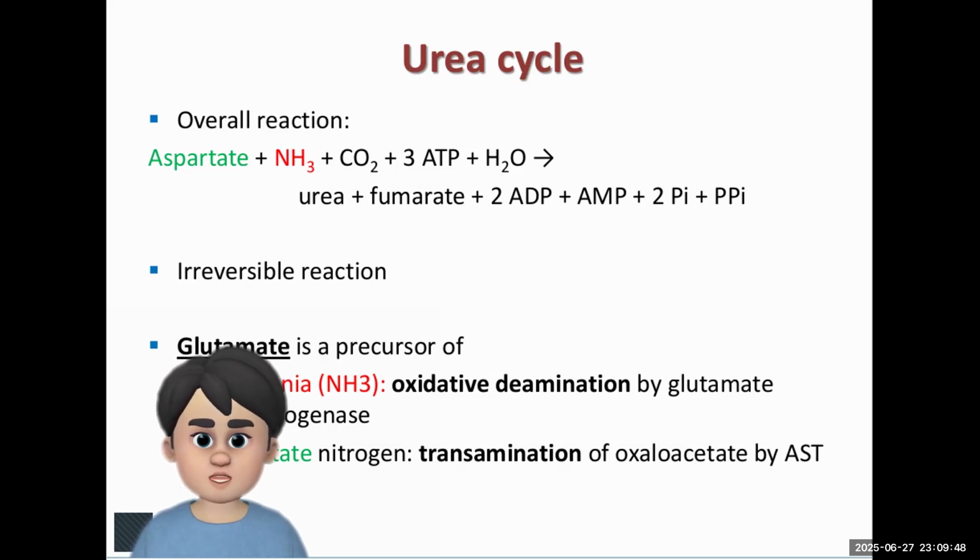It is a process in which the amino group of one amino acid is transferred to a keto acid, forming a new amino acid and a new keto acid. It is very important for you to know these meanings. Please write them down and study them: oxidative deamination and transamination of oxaloacetate by AST, right?